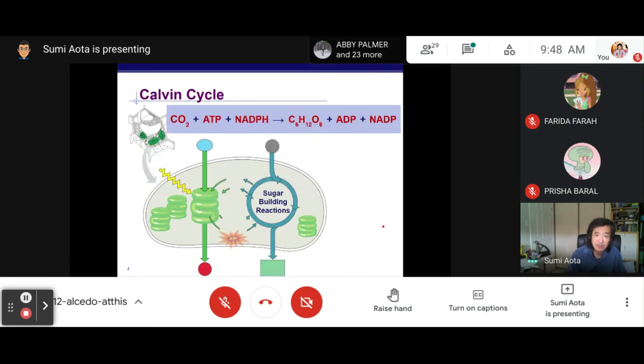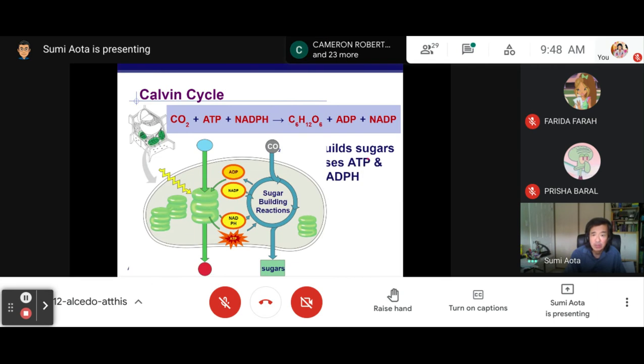The Calvin cycle is going to use the NADPH and ATP plus CO2 from the air to make sugars, regenerating ADP and NADP plus, which go back to the light reactions. So it builds sugars, uses ATP and NADPH, and recycles ADP and NADP back to the light reactions to make more ATP and NADPH.